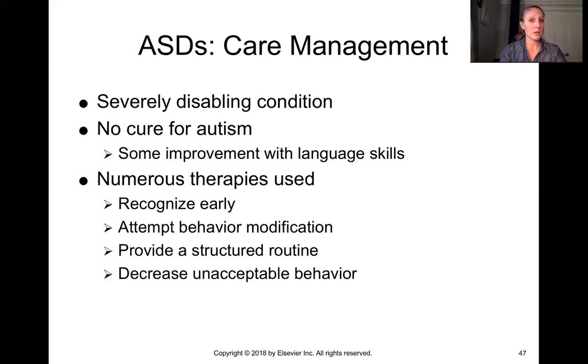There is no cure, but there are a lot of therapies that we can do to help them overcome some of the challenges and some of the ways that they process information and make it a little bit more acceptable and a little bit more along the lines of what society expects from communication.